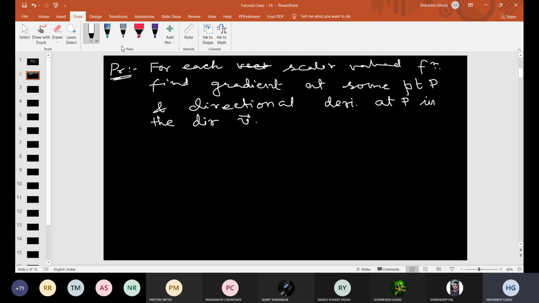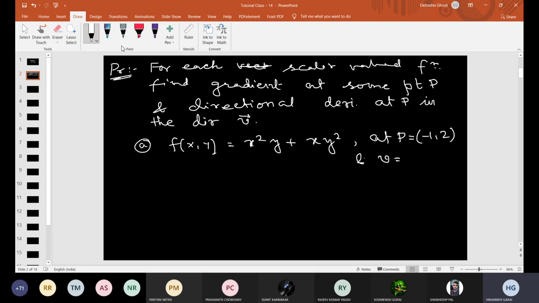So that is number A. Consider f of xy equals x square y, x y square at P equals (-1, 2) and V equals (3, 4).